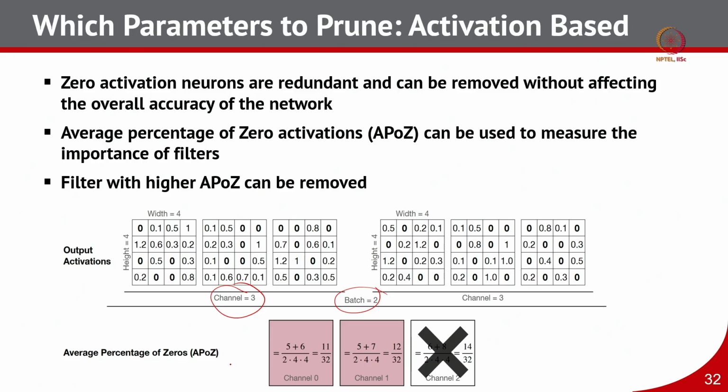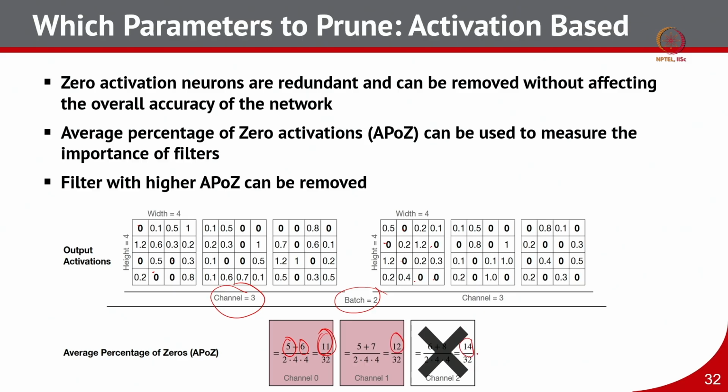In channel 0 we can see that there are 11 zeros. For example, in channel 0 for batch 1 we have 1, 2, 3, 4, 5 zeros, and in batch 2 we have 1, 2, 3, 4, 5, 6 zeros, right. So a total of 11 zeros in channel 0, correct. Similarly, in channel 1 we have 12 zeros, and in channel 2 we have 14 zeros.